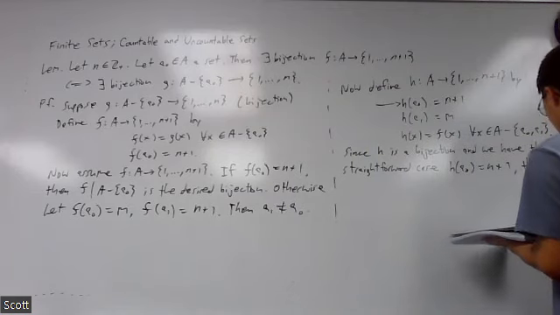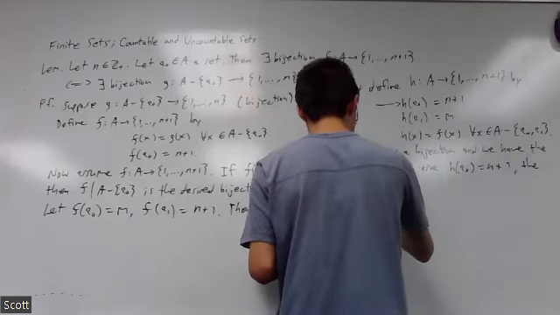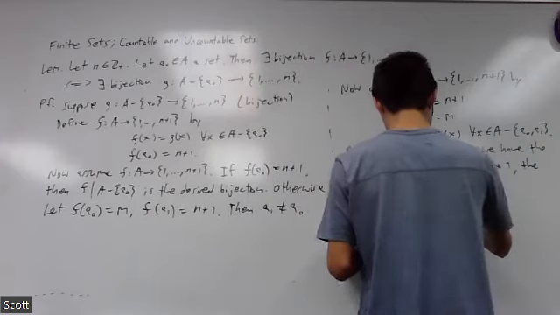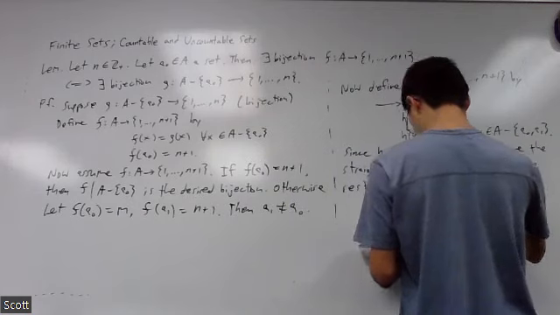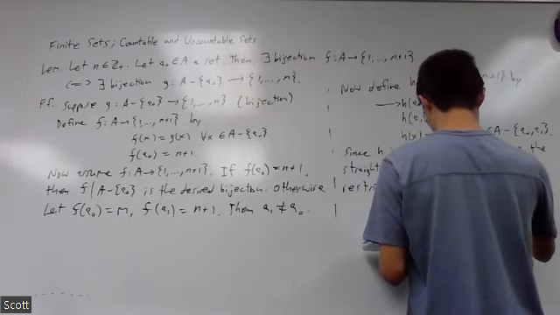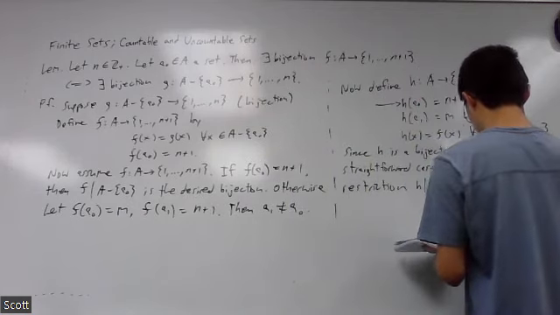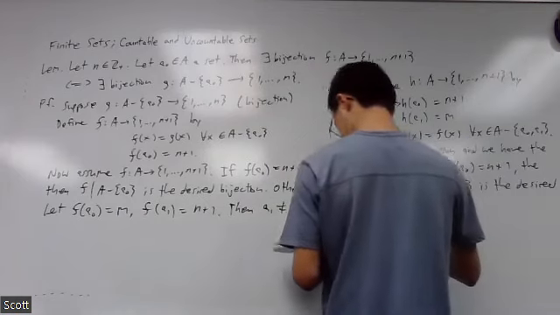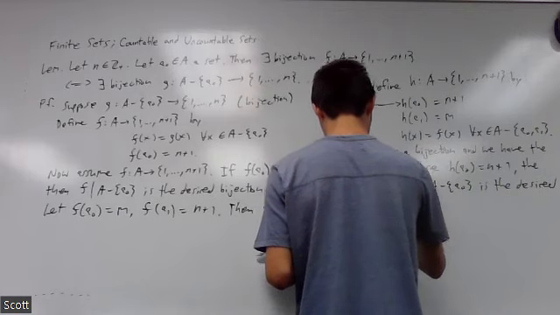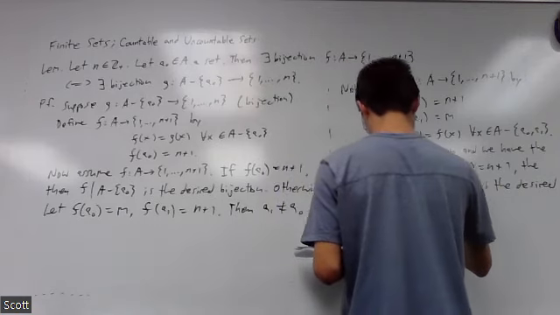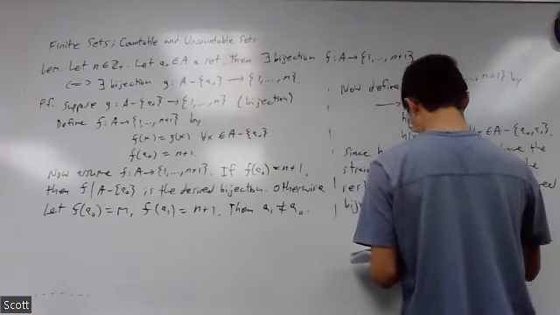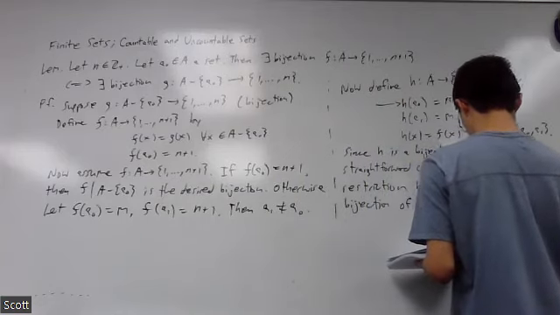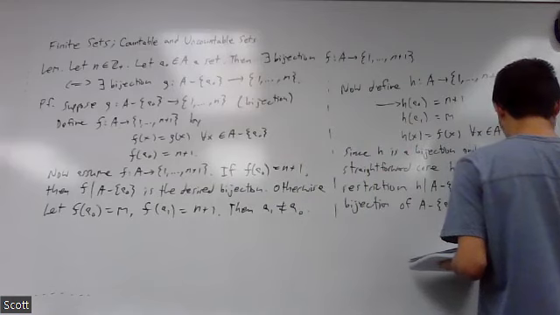Then the restriction, h restricted to A without a naught, is the desired bijection of A without a naught with the section through n.